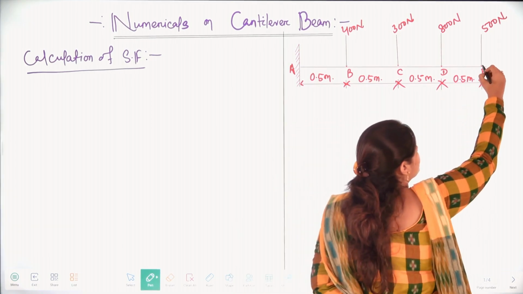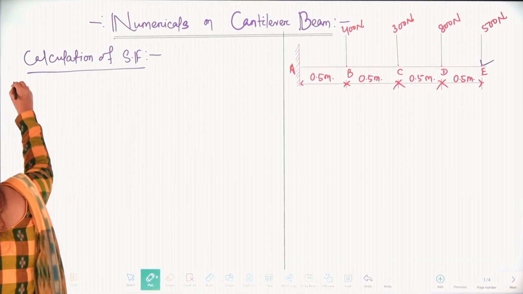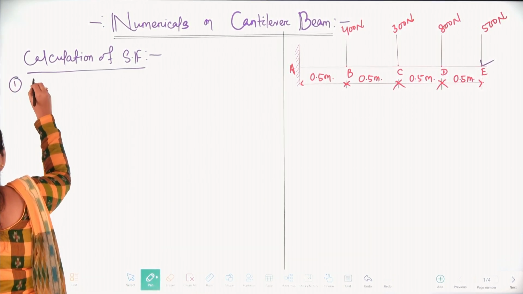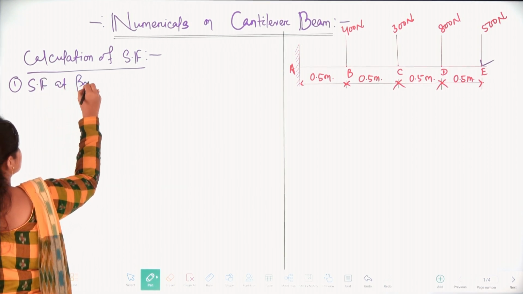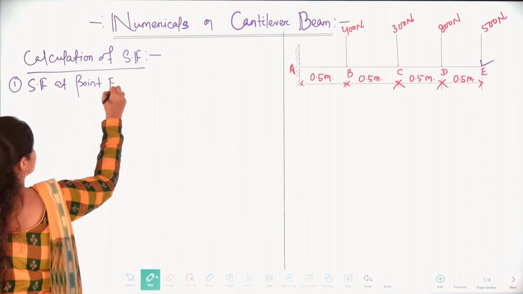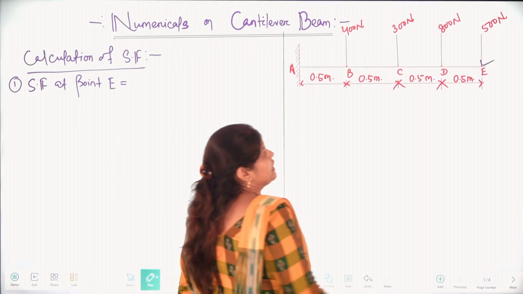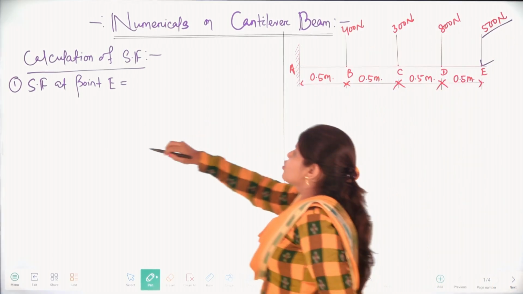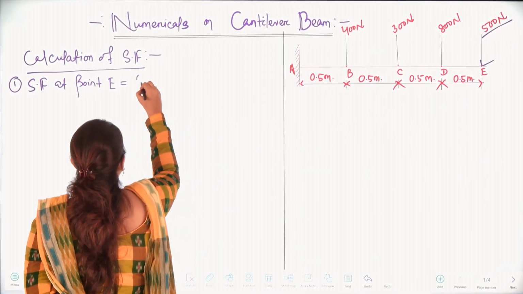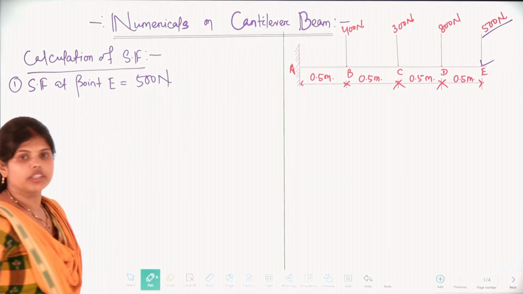So let's start from this point E. Shear force at point E will be, yes, you can see at point E we are having only this 500 Newton. So there is nothing to add. Let's write it, that 500 Newton.